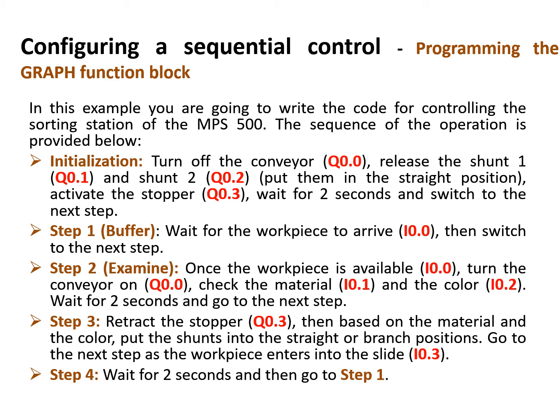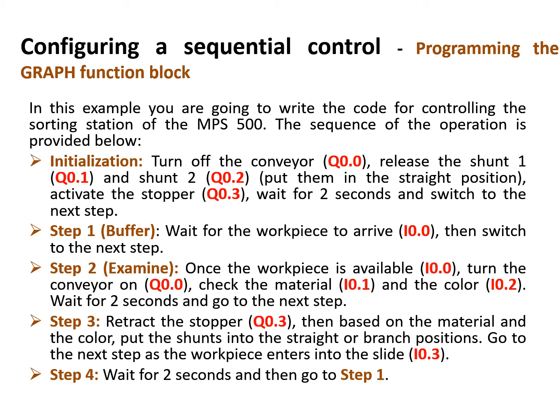So with the combination of metallic and color, we could sort the parts. If the part is silver, it is metallic. If the part is red or black, it can also be identified by the optoelectric sensor, which is another optoelectric sensor. Wait for 2 seconds and go to the next step.